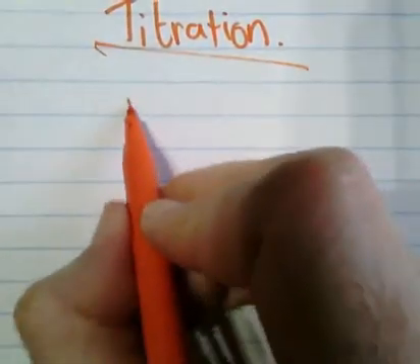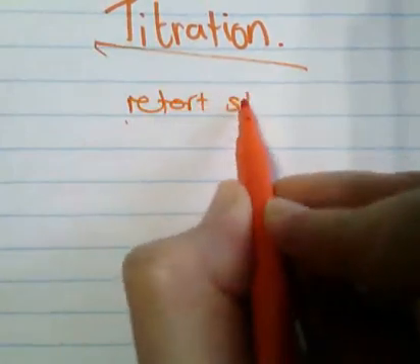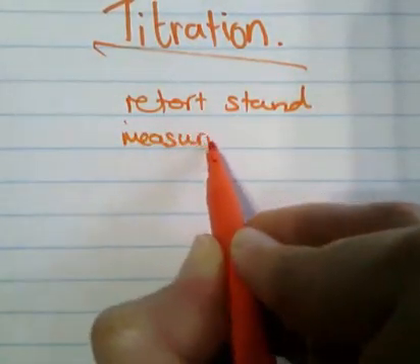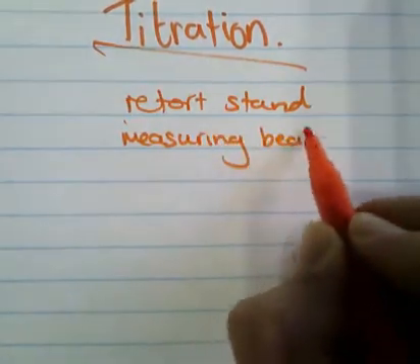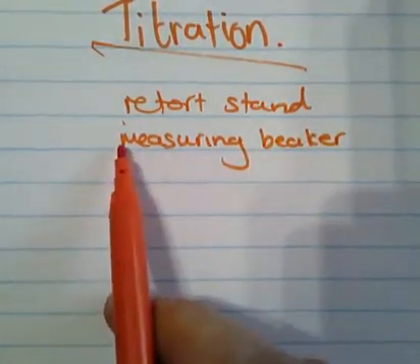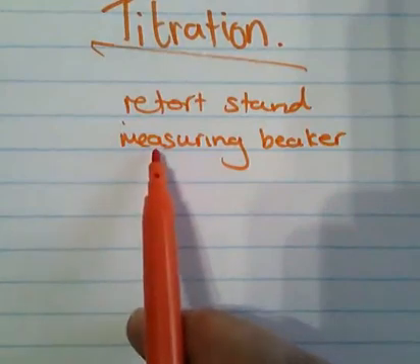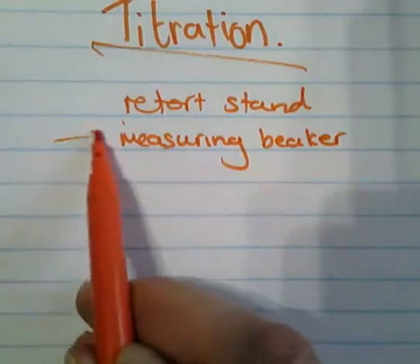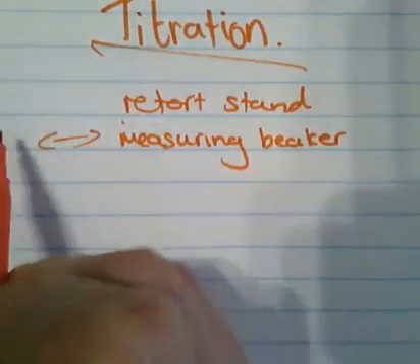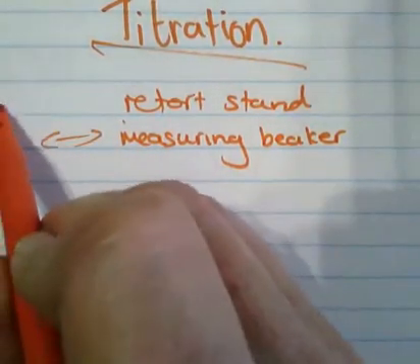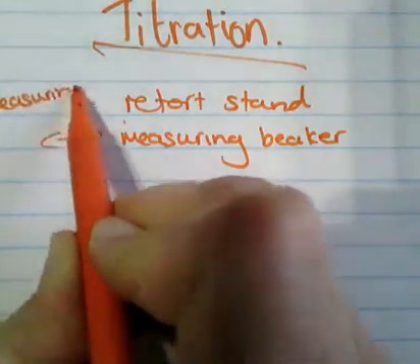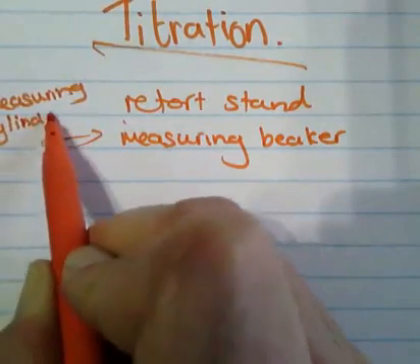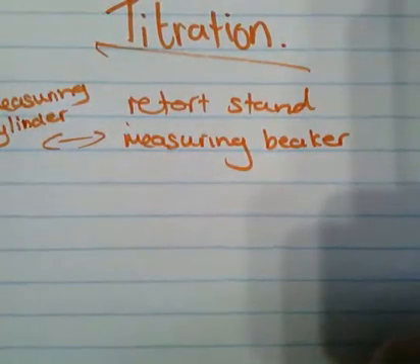You're going to measure it first with a measuring cylinder, which is usually a bit more accurate, and then you'll just pour it out of the measuring cylinder into the measuring beaker so that you can do the titration. And then the main thing you need in order to measure how much of that base you are using is a burette. Right.